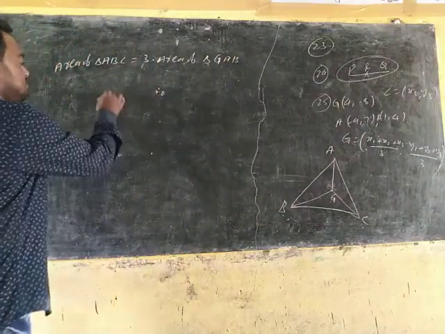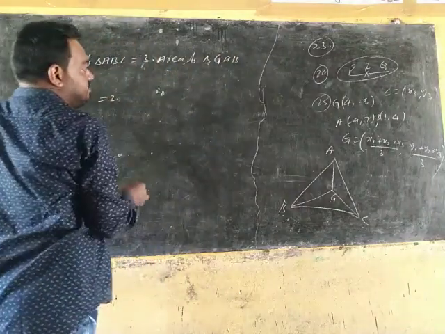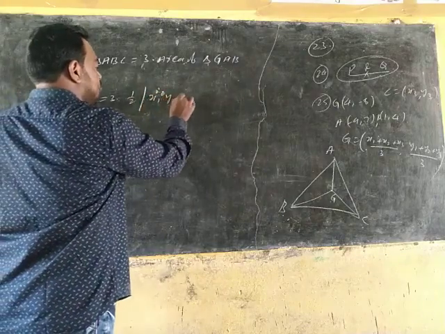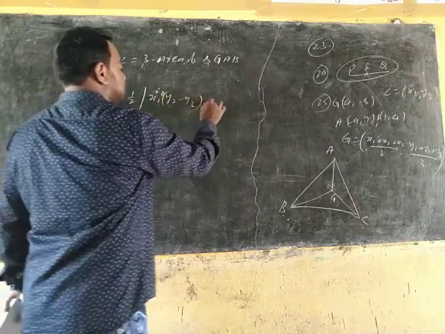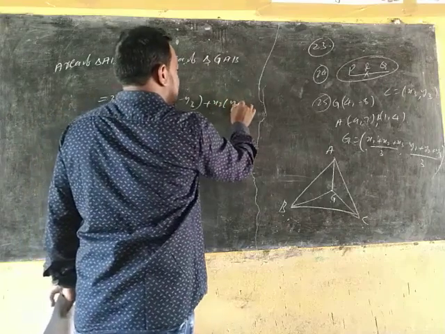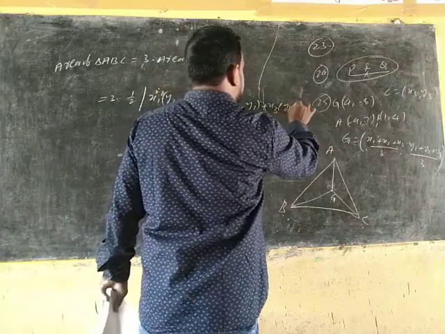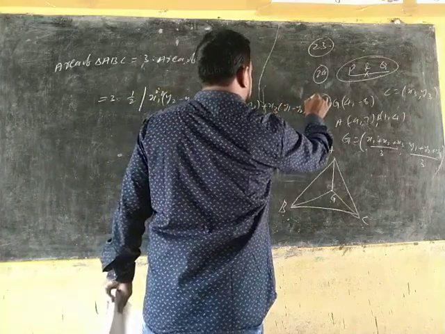So this is equal to 3 into area of triangle GAB, which is 1 by 2 into modulus of x1 into y2 minus y3 plus x2 into y3 minus y1 plus x3 into y1 minus y2.